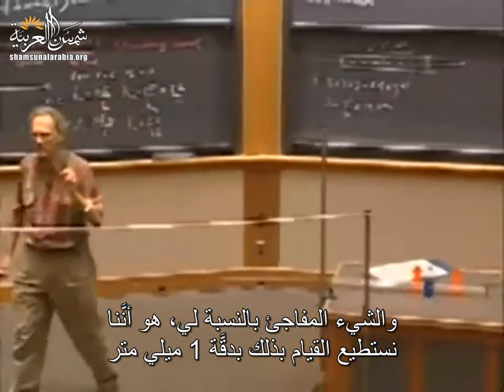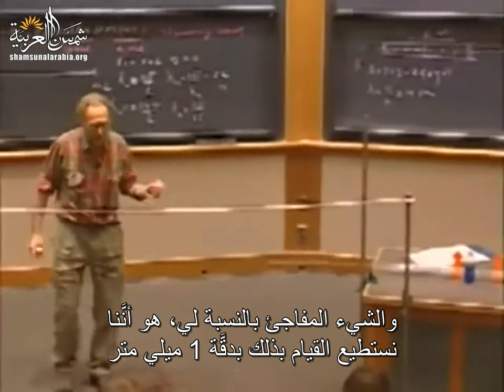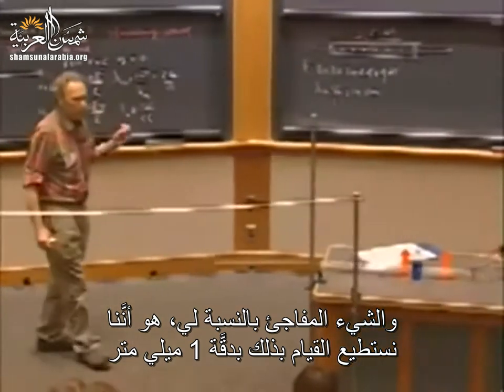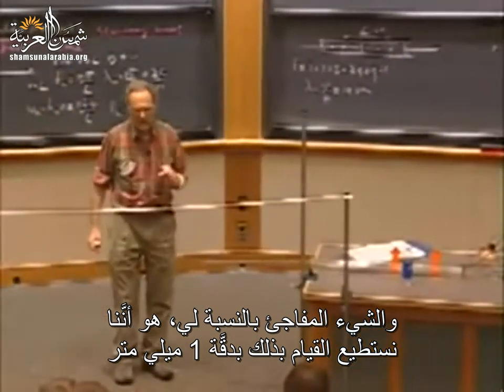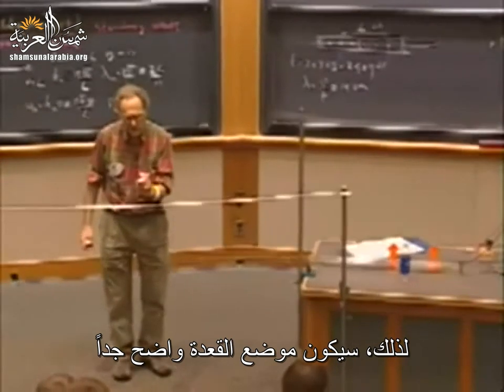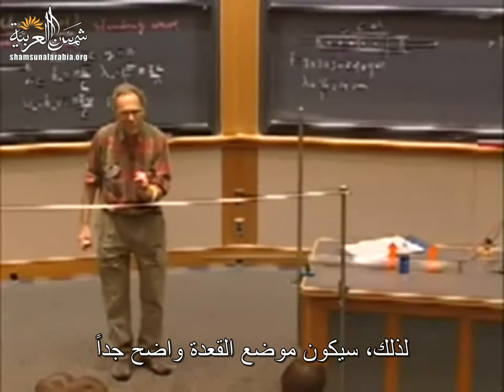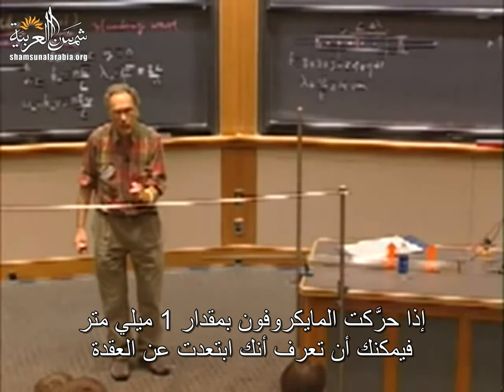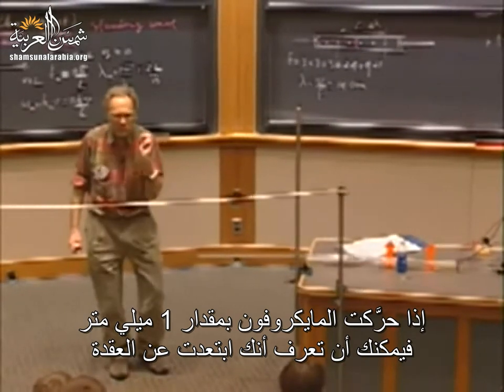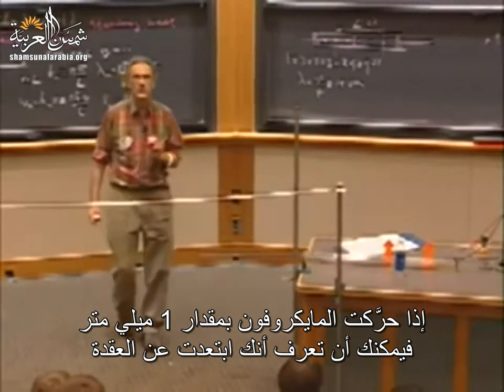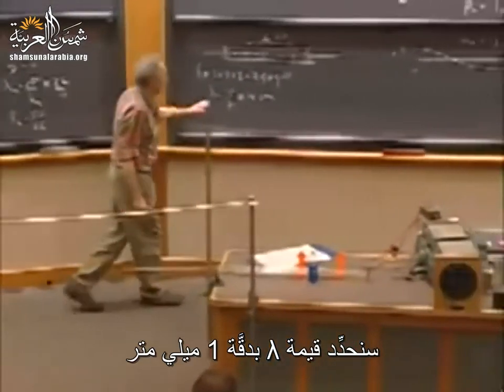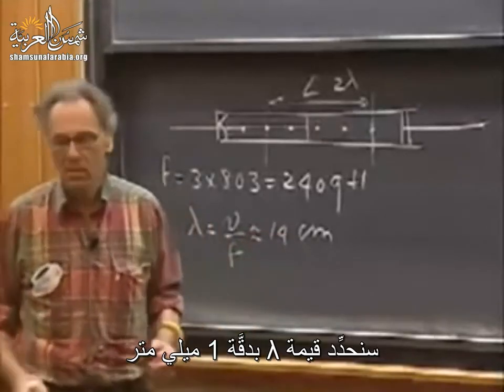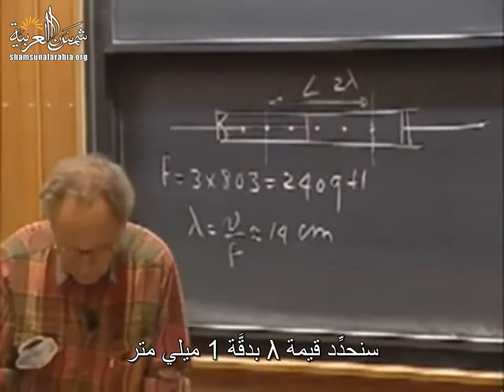The amazing thing, which actually surprised me, is that you can do that to an accuracy of about 1 millimeter. It is so enormously clear when you are at a node that if you move your mic by 1 millimeter, you can really see that you're no longer at the node. So we will know lambda probably to 1 millimeter accuracy.